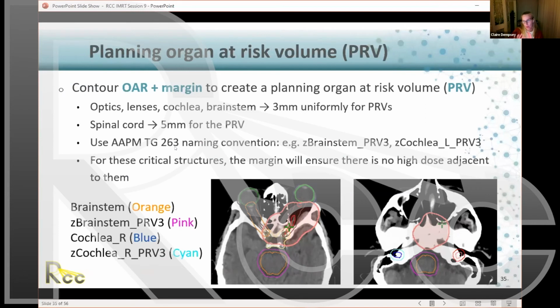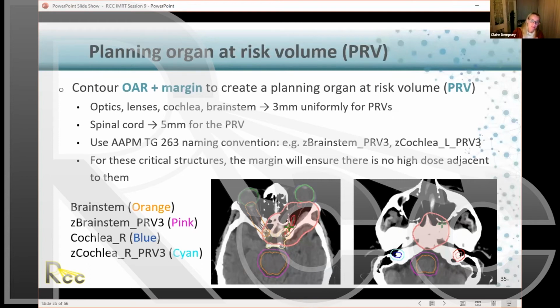So moving away now from the targets and things we can do with our target, we'll look at our organs at risk. So certain organs have very fixed dose constraints. And so often if our PTV is sitting near those particular organs at risk, we'll create a planning organ at risk volume.